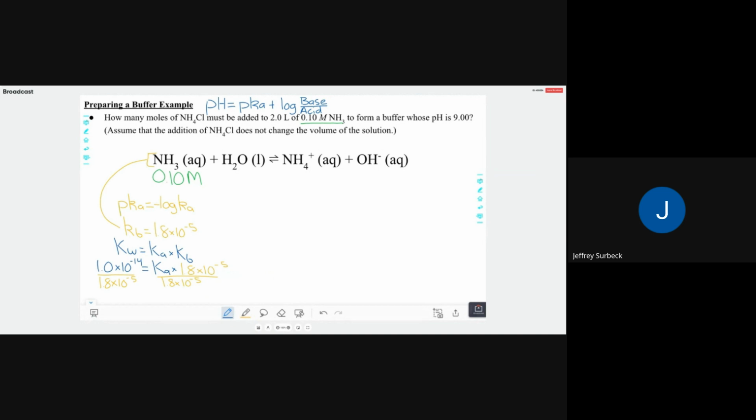I'm going to take 1 times 10 to the negative 14th divided by 1.8 times 10 to the negative 5th, and rounding to significant digits, my Ka is going to be 5.6 times 10 to the negative 10th.